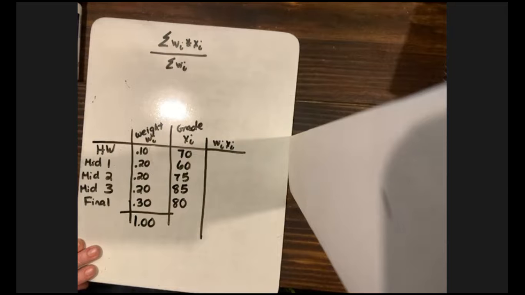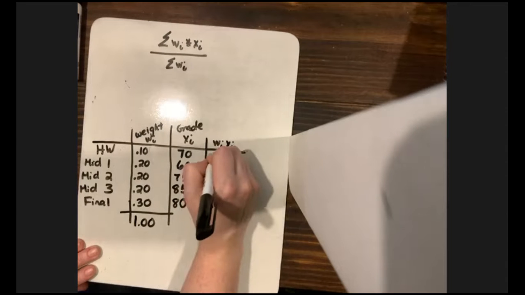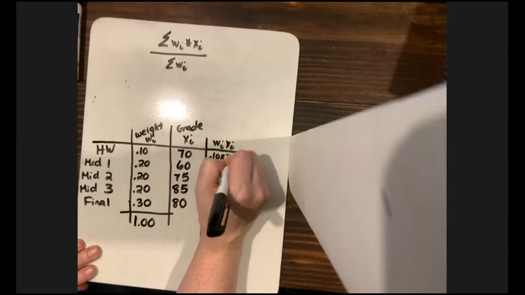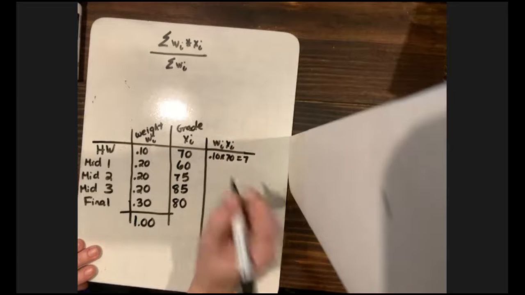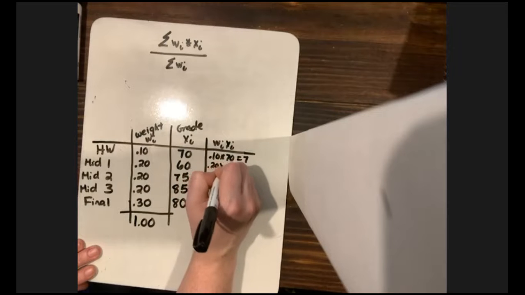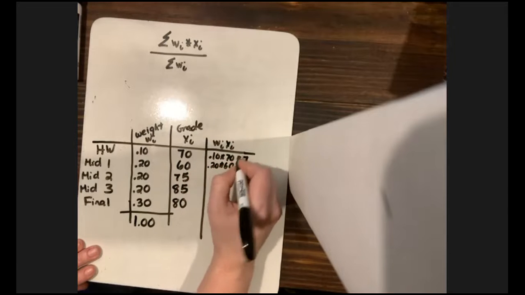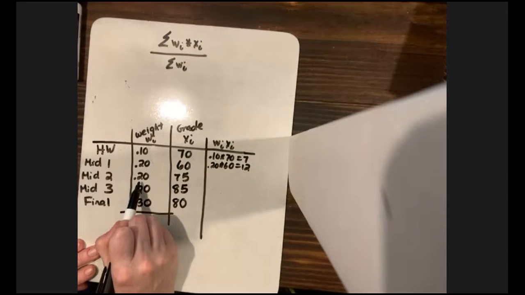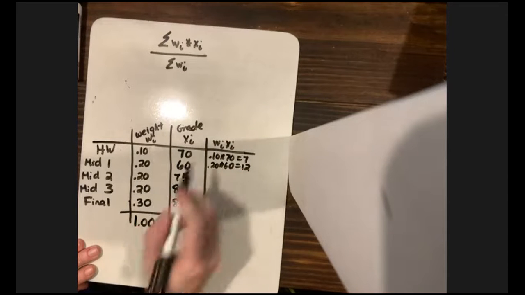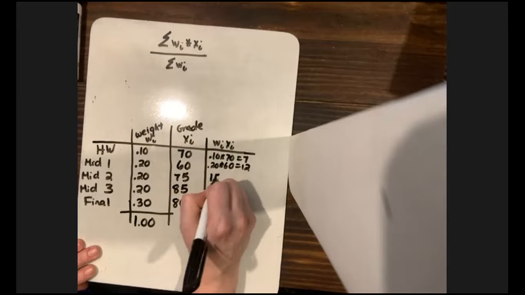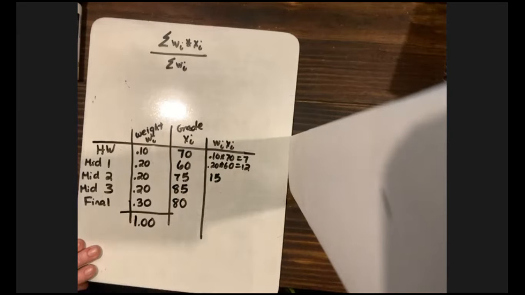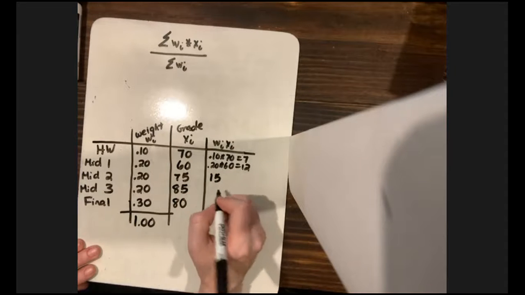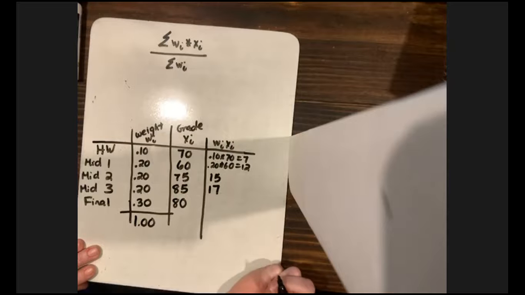WI-XI multiplication. So we're going to have 0.10 times 70, which is going to give us 7. 0.20 times 60, which is 12. Following the pattern, 0.20 times 75 is going to give me 15. 0.20 times 85 is going to give me 17.